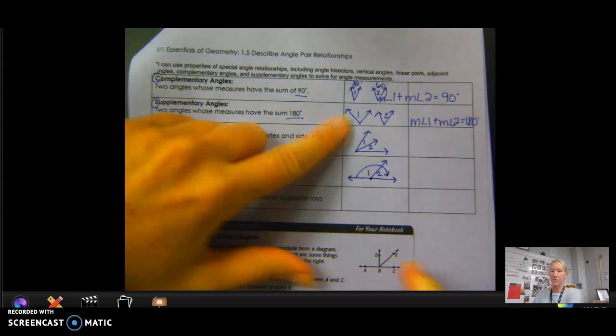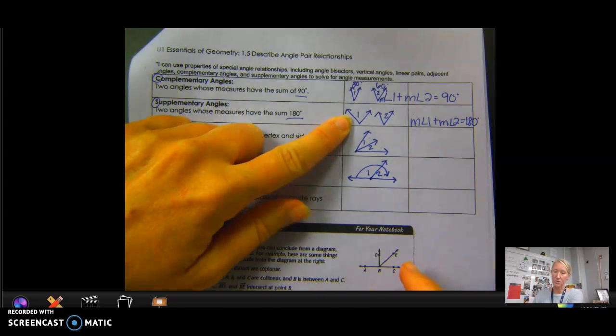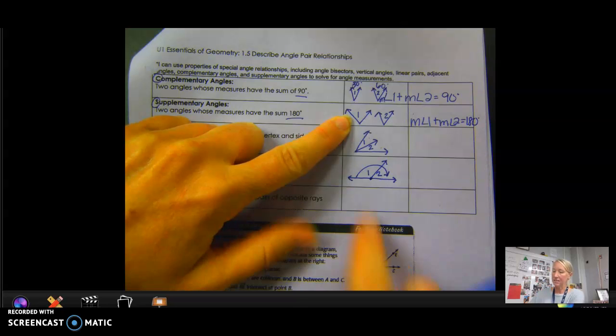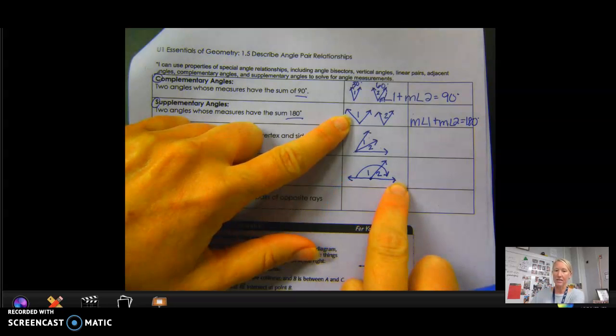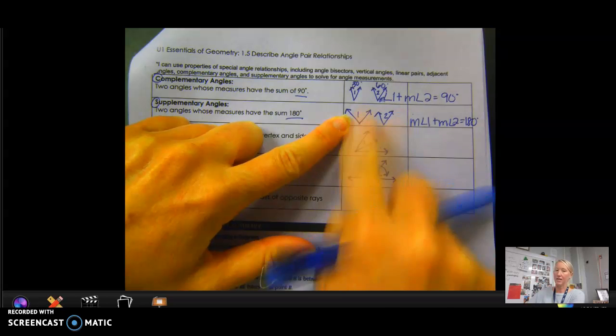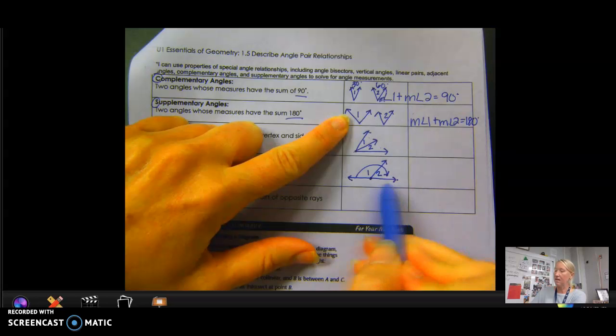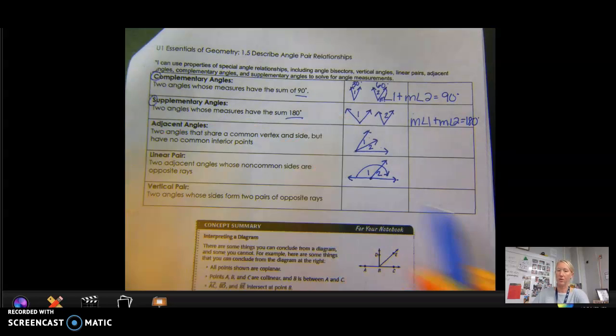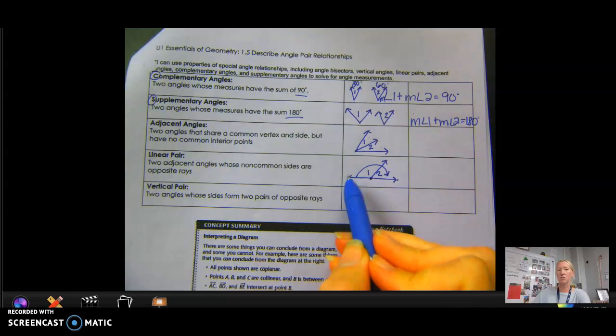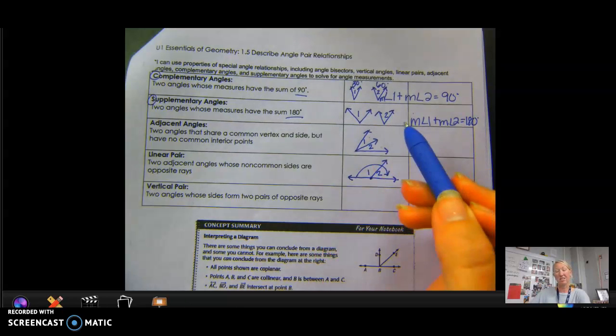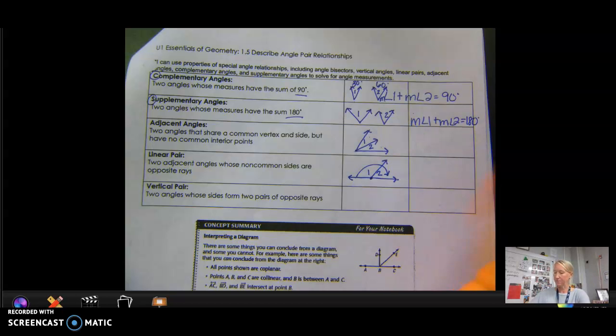So like these two are supplementary and they add to 180, but they're not a linear pair because they don't create a line the way that they look right now. This is a linear pair because I have this ray and this ray that are opposites, and it makes a straight line with those two angles. So a linear pair is essentially supplementary and adjacent. Supplementary angles are just supplementary and sometimes can be a linear pair too.